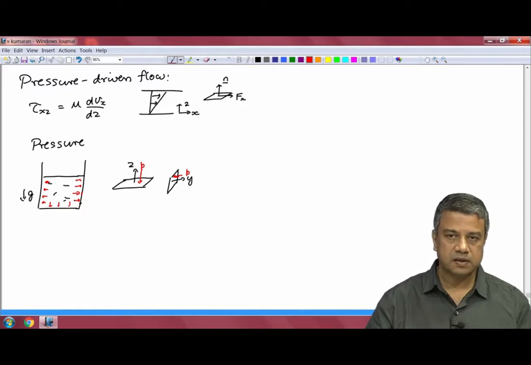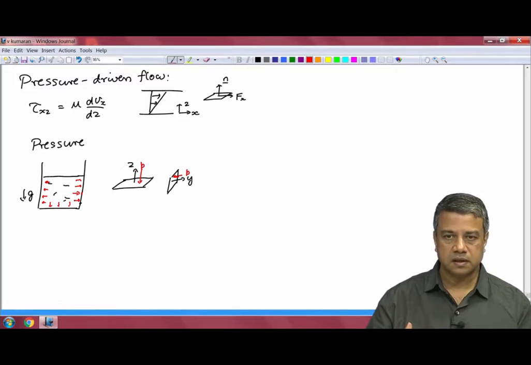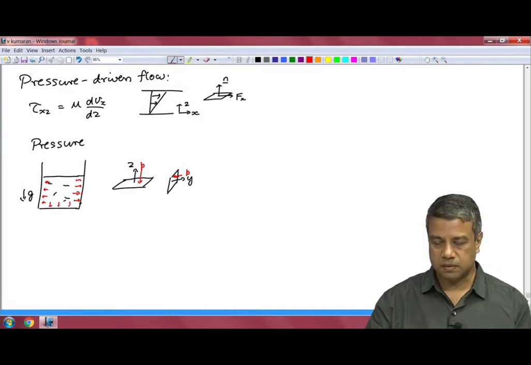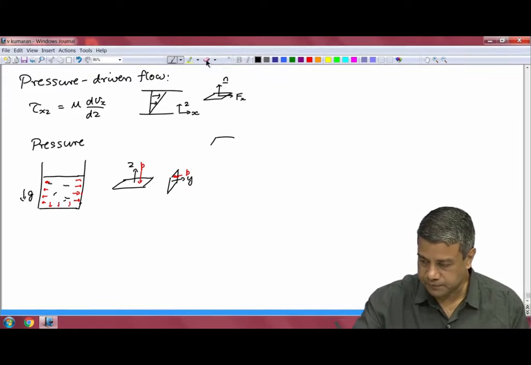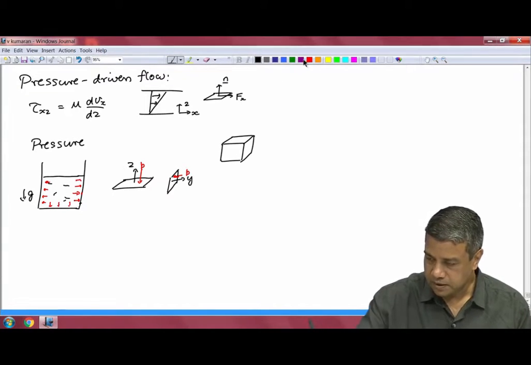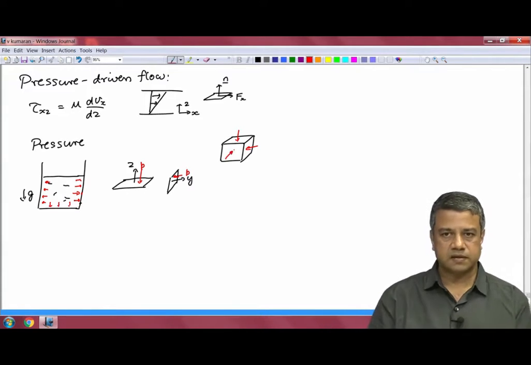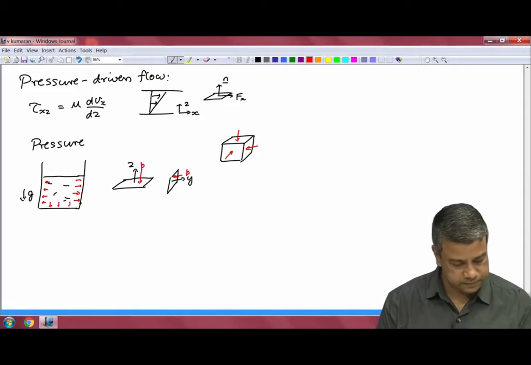Pressure is always perpendicular to the surface and it is always compressive, that is, it is directed along the inward unit normal to the surface. So, the pressure for a differential volume is always directed along the inward perpendicular to the surface.